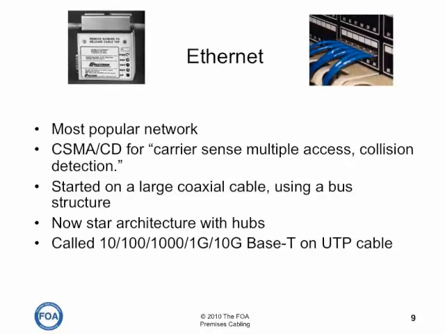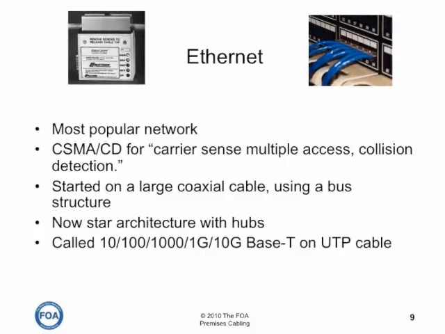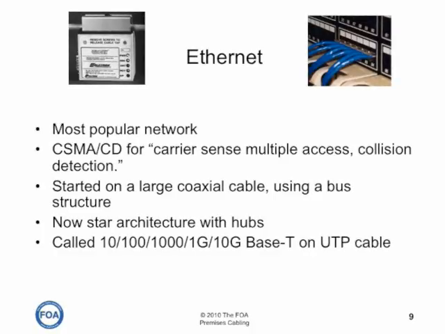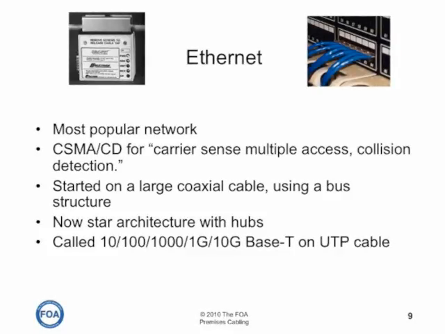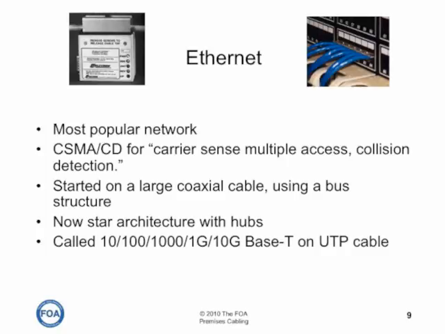Most networks today are based on Ethernet, a network protocol that looks for devices transmitting on the network, and if the network is not busy, the device can go ahead and transmit its data. It started many years ago on a large coaxial cable, like cable television cable, using what we call a bus structure and special taps, called a vampire tap, that looks like the device in the upper left-hand corner of the slide.